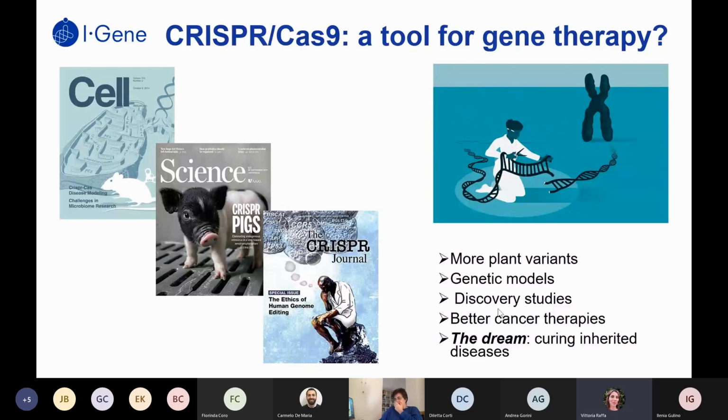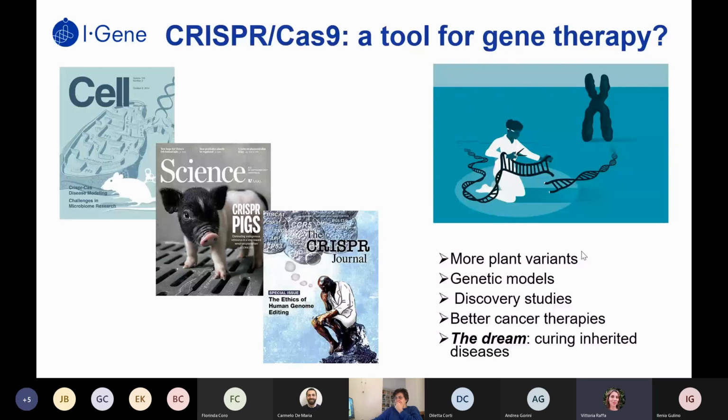Or we can create a genetic model. For example, if we have one human disease, which is caused by a specific mutation in one gene in the human genome, we can create with this system the same mutation in one animal model, for example, a mouse model. Then this model recapitulates the pathology of humans.